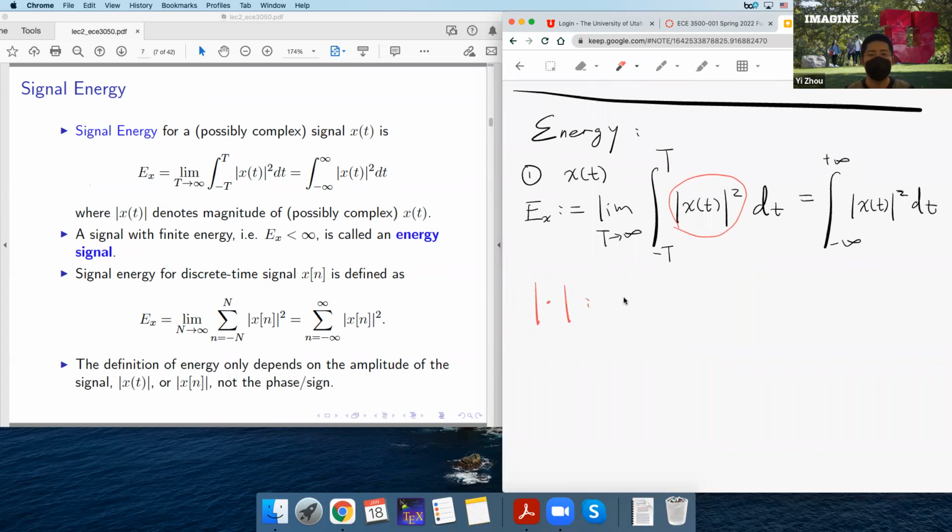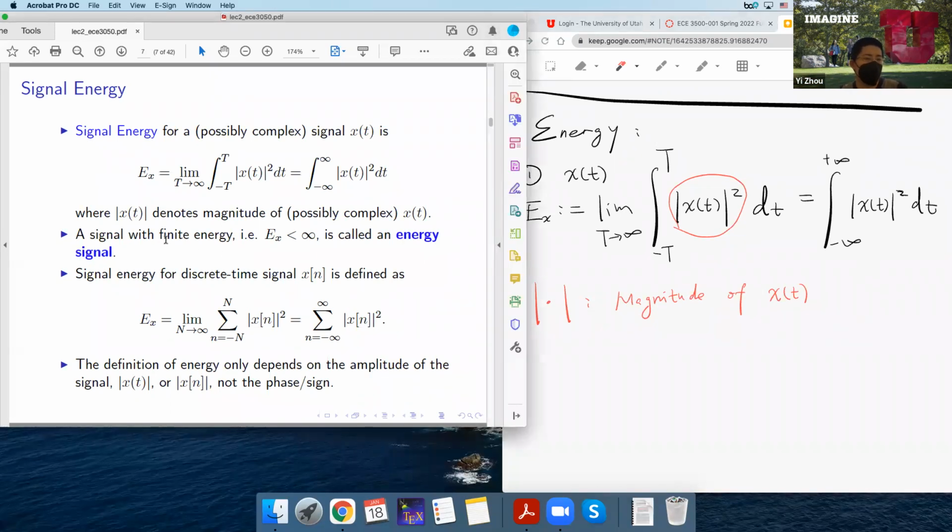This is the magnitude of x(t). By this definition, we can calculate the energy of any signal. If the energy is finite, then we call this an energy signal.